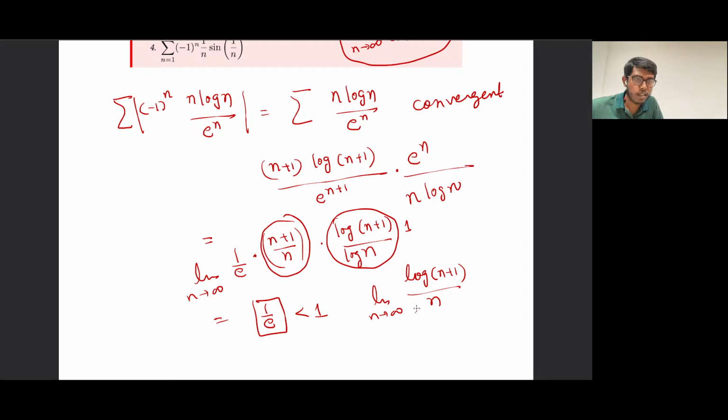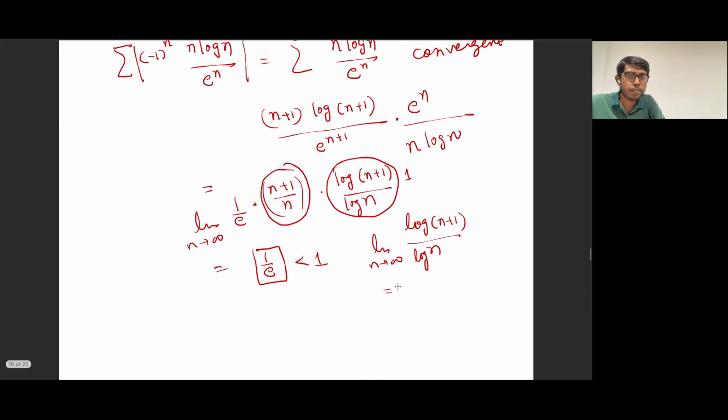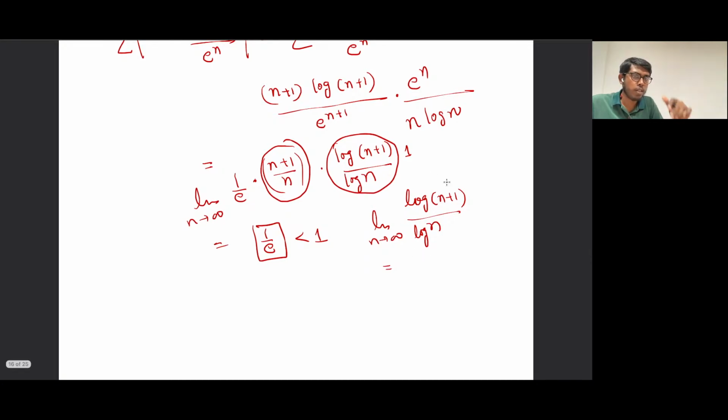If I use L'Hopital's rule, this means 1 by n plus 1 over 1 by n, so this is 1. So this is 1 by e, and this ratio is less than 1, and hence the series is convergent.